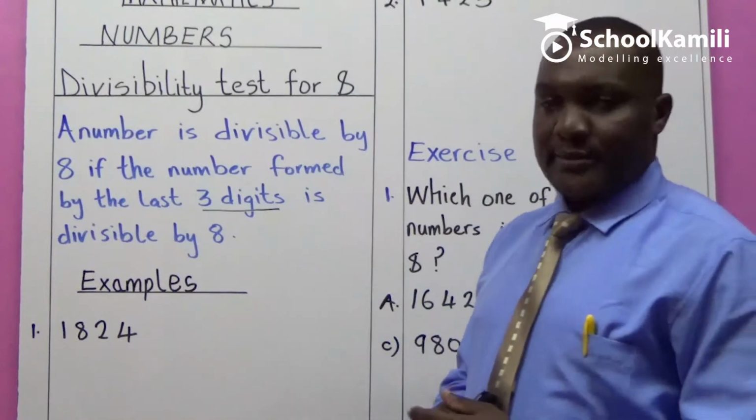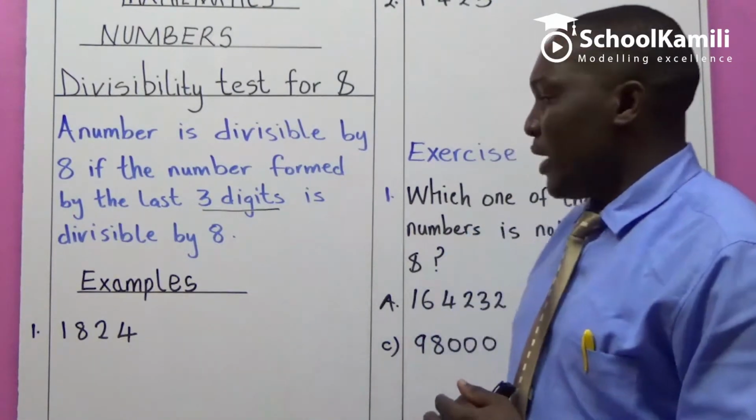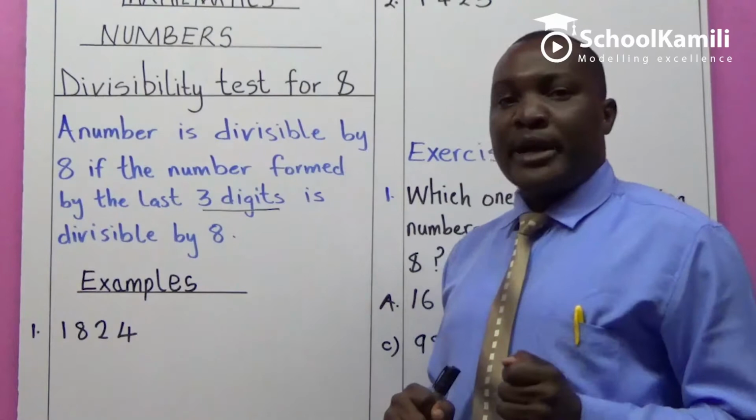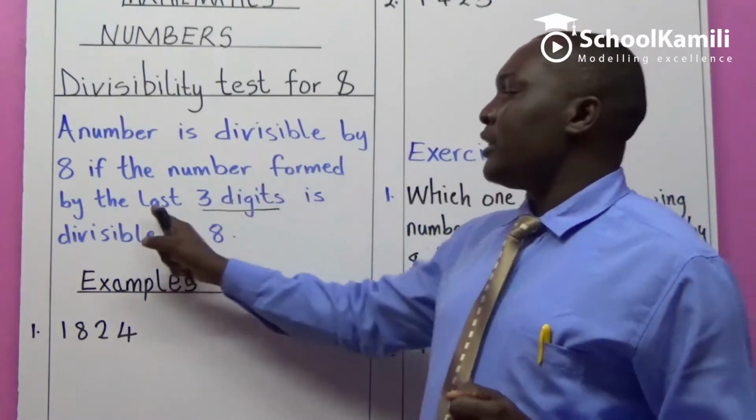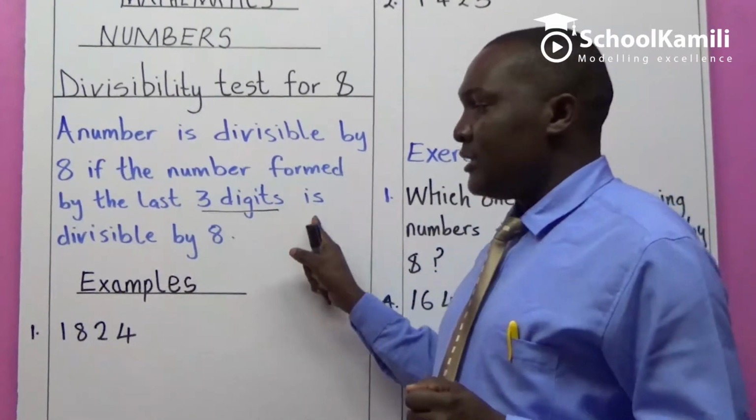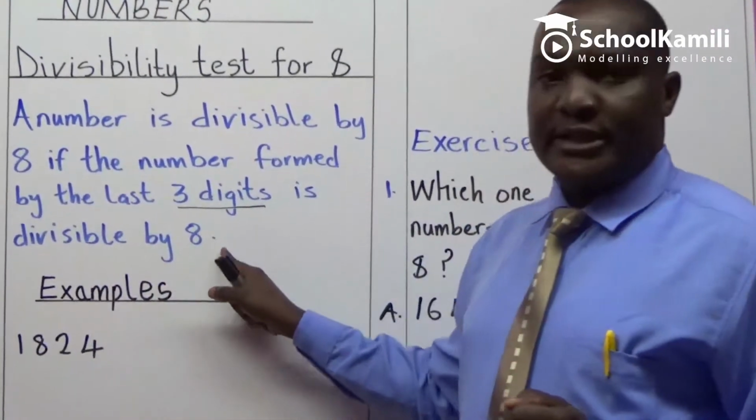Let me go through it once. A number is divisible by 8 if the number formed by the last 3 digits is divisible by 8.